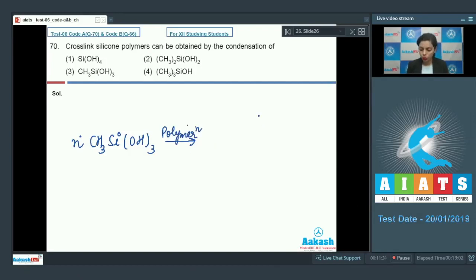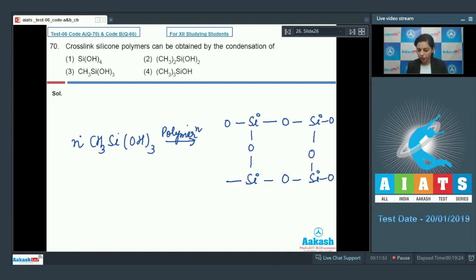And during this process, the formation of this polymer is taking place. So as it contains 3 OH, then definitely this type of cross-linking is possible.